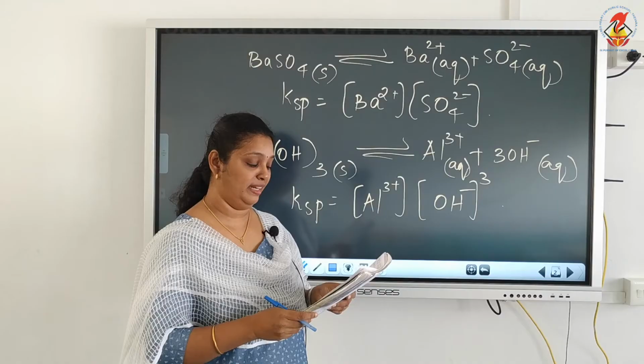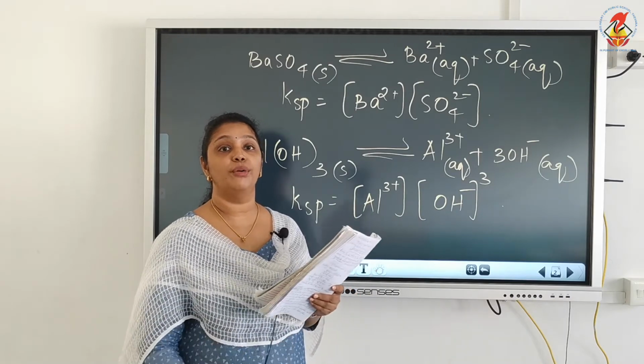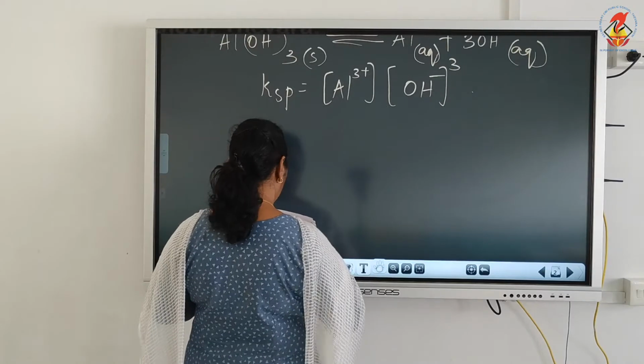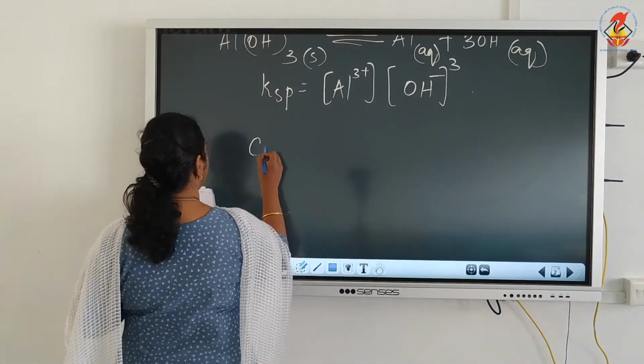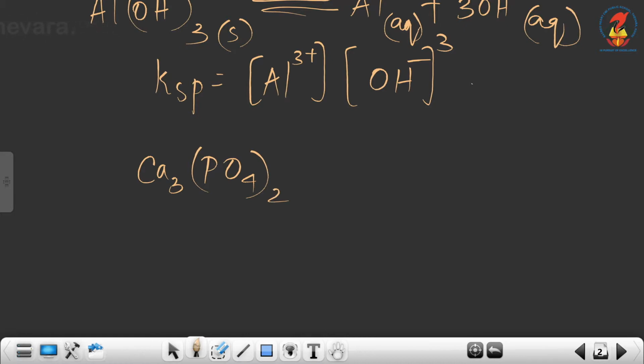because it is 3 OH minus. Now, if you are asked to write the expression for solubility product for calcium phosphate, the calcium phosphate formula is Ca3(PO4)2. This is a solid, it will dissociate into Ca2 plus. It is Ca3, so we have 3 Ca2 plus.